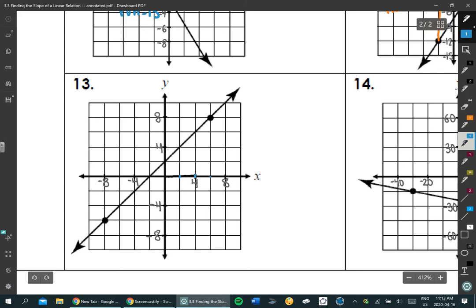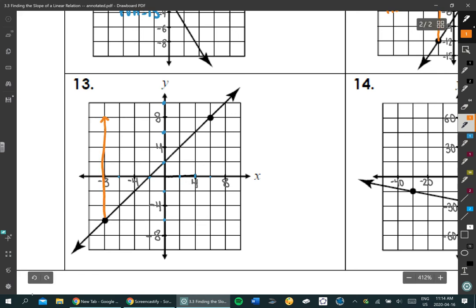So this is 6, right? This is -2, this is -6. Same thing on our y-axis, right? That's -2, that's -6, +2, +6, +10, right? So sometimes the numbers don't have to be at every single line, if that makes sense. Okay, so rise.